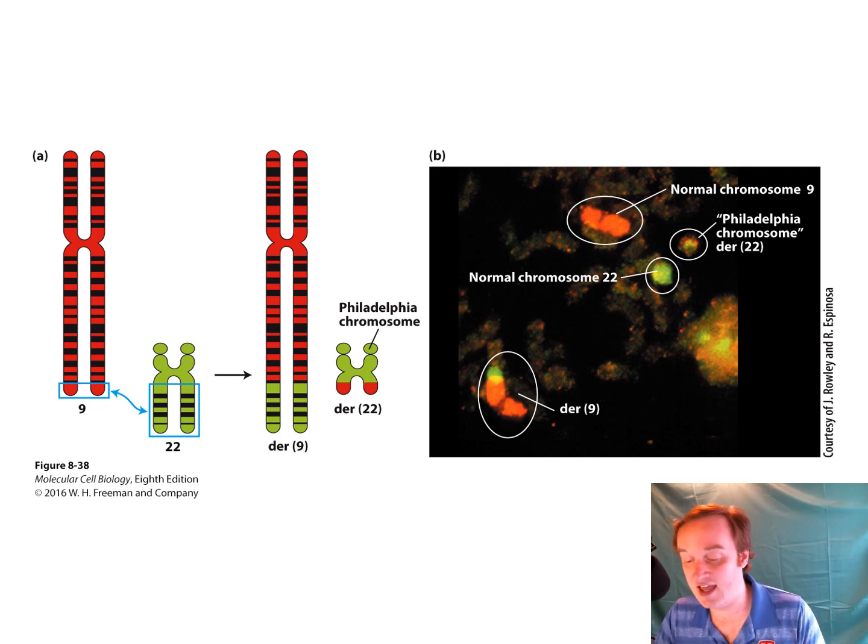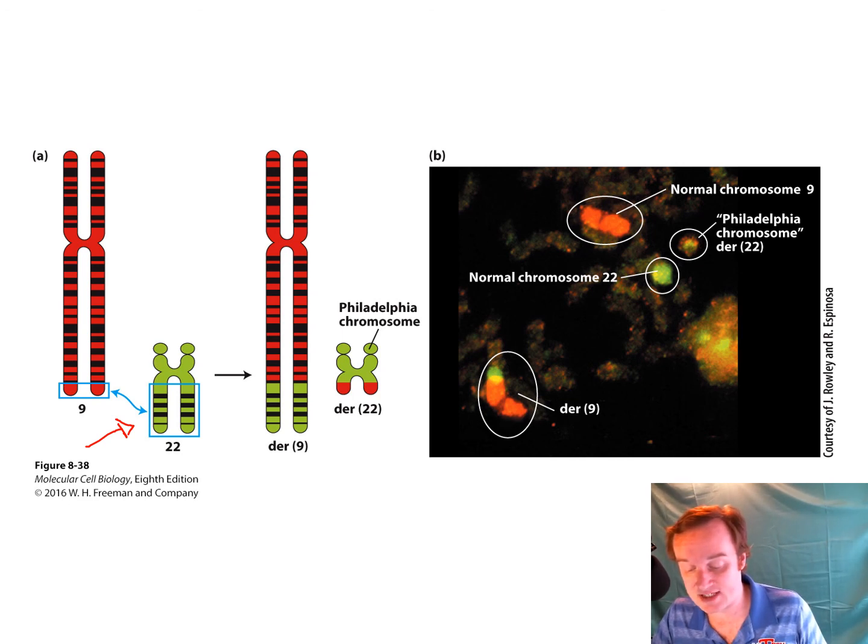That is a disease, and that is the result of what is called a Philadelphia chromosome. I don't know if this was discovered in Philadelphia or if that was somebody's name, but it's called a Philadelphia chromosome. And this is where we have a shortened chromosome number 22. So this would be our normal chromosome 22 here, and an abnormally long chromosome number 9.